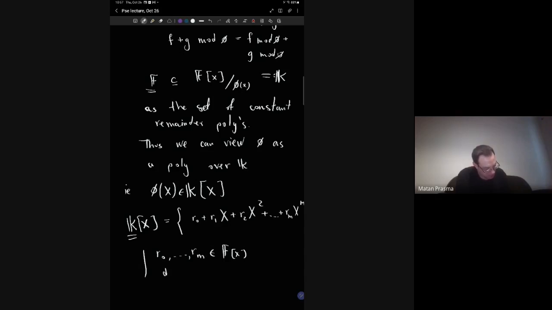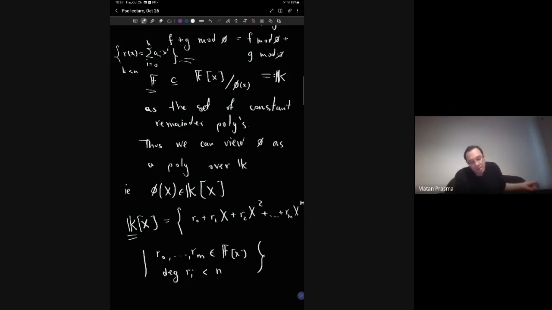Such that the degree of each of the Ri is strictly smaller than n, because they need to be in K, and K is the set of all remainder polynomials R of x equals the sum of ai x to the i, i equals 0 up to k, and k is strictly smaller than n, right?